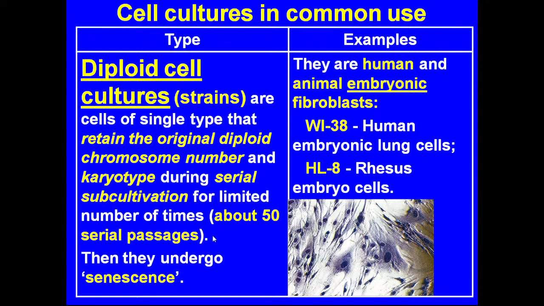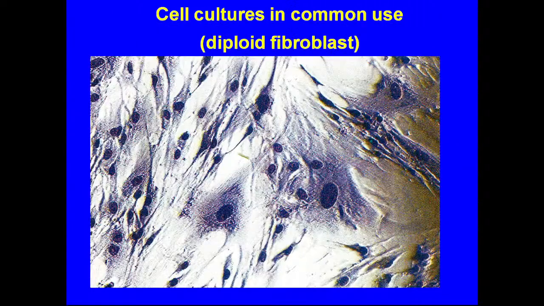When they increase in numbers, we subculture them, transferring a part of the cells into a new culture medium, and they will grow there. But finally, after about 50 serial passages, they will undergo senescence and die because they start to be very old. Usually these are embryonic cells, right? Fibroblasts that have a tendency to multiply. So this is how the culture of diploid fibroblasts appears.